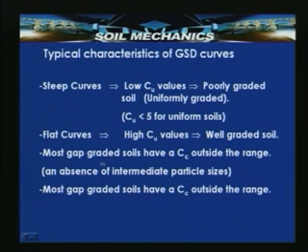Most gap graded soils have a coefficient of curvature outside the range. We have introduced gap graded soil, which occurs in the absence of intermediate particle sizes. That type of soil is called gap graded soil or bimodal soil. Most gap graded soils have a Cc outside the range.